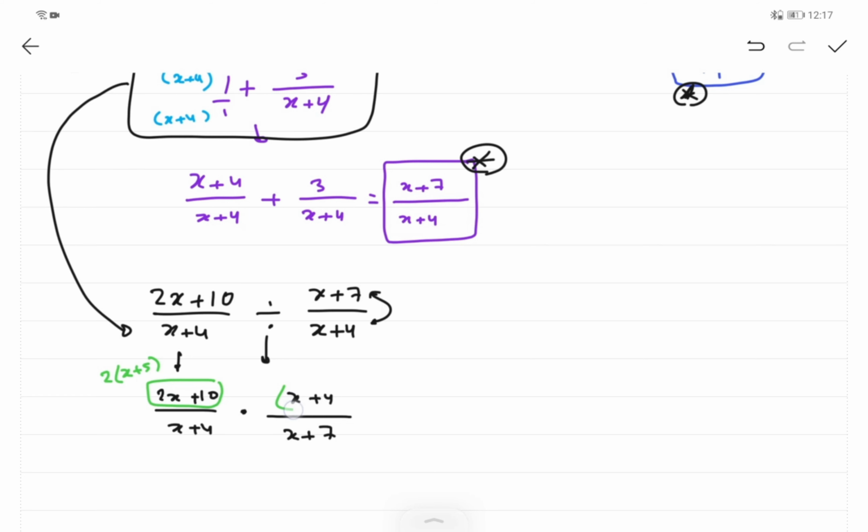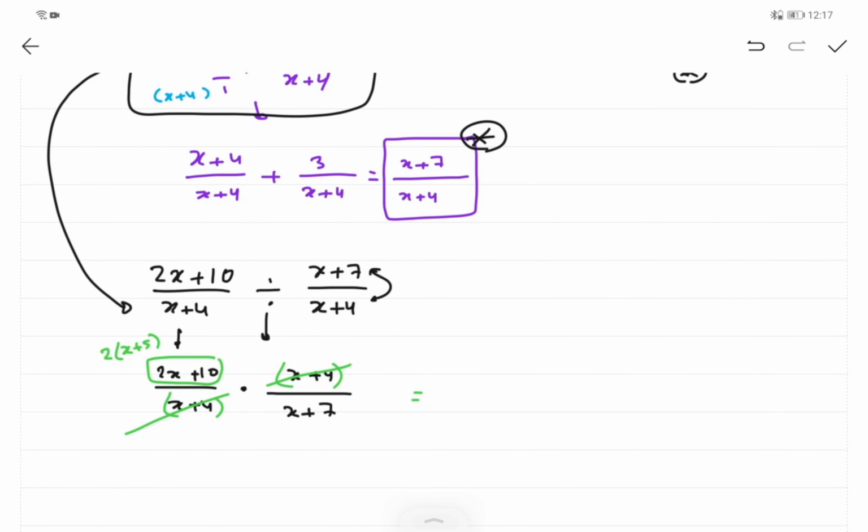Now look, we have x plus 4 at the top and the bottom, they're going to be cancelled. So it becomes 2x plus 10 over just x plus 7, without x plus 4, because it's been cancelled. And write a restriction here: x can't be negative 4 and x can't be negative 7 as well, because we still have a denominator here.